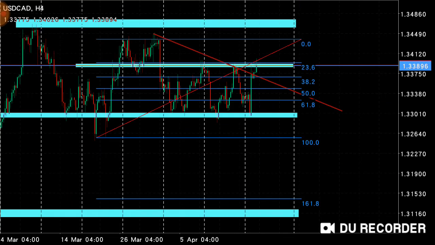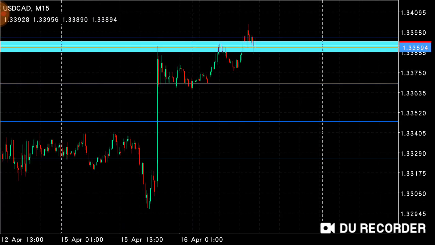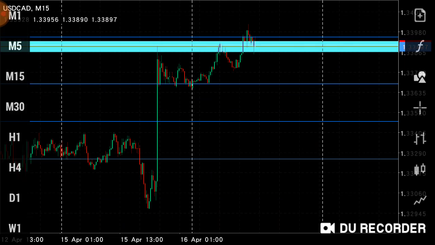Kwa hiyo if I use these 3 tools na zote zinanipa confirmation, nitasubiri candlestick ifunge ndani ya hii zone, then I will enter a selling position, then I will go short, nitachukua profit yangu kwenye point 61.8, then I'm out. But entry yako ifanyike kwenye 15 minutes. That is the only technique I am sharing with you guys, trading inside the zones.